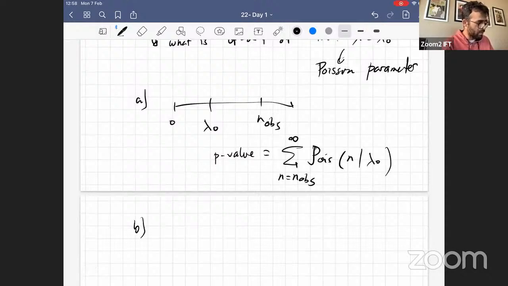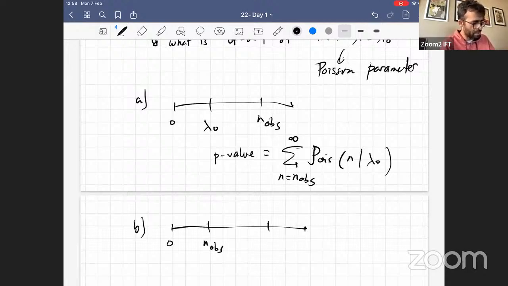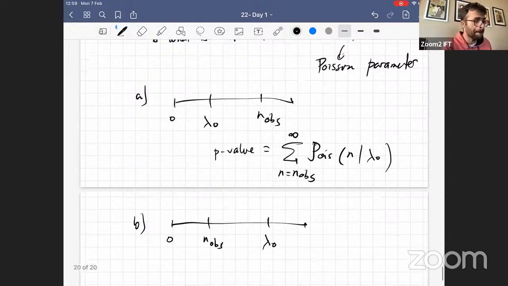And this is the opposite of the situation where your null hypothesis is an expected value which is larger than the one that you observe.